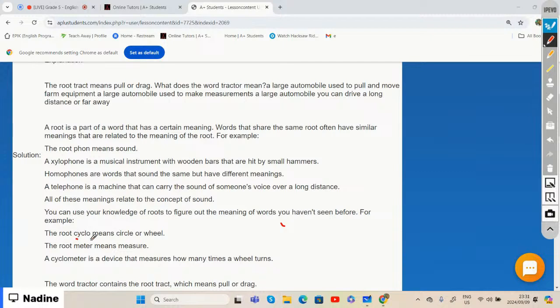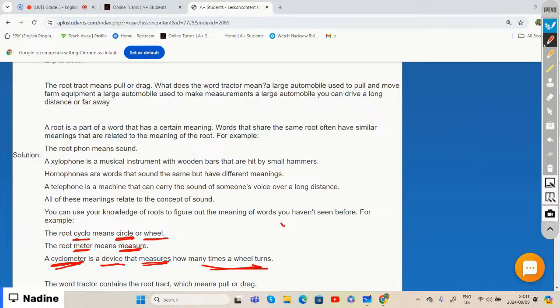For example, the root cyclo. Cyclo means circle or wheel. Then we have another root, which is meter, and meter means measure. So if meter means measure and cyclo means circle, then if we put those two together, cyclometer is a device that measures how many times a wheel turns.